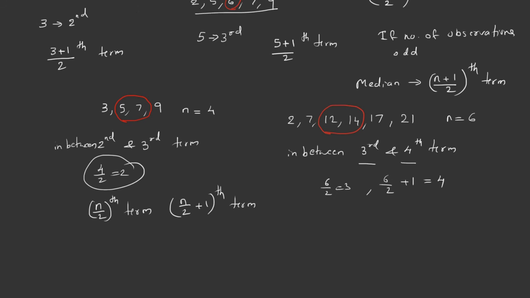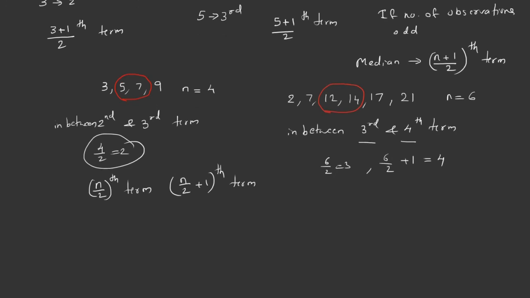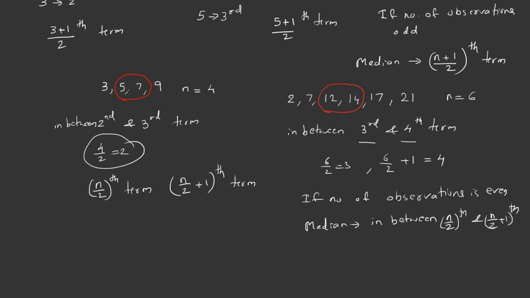So, what is the median if the number of observations is even? If the number of observations is even, then median is in between the n by 2th term and the (n by 2 plus 1)th term.